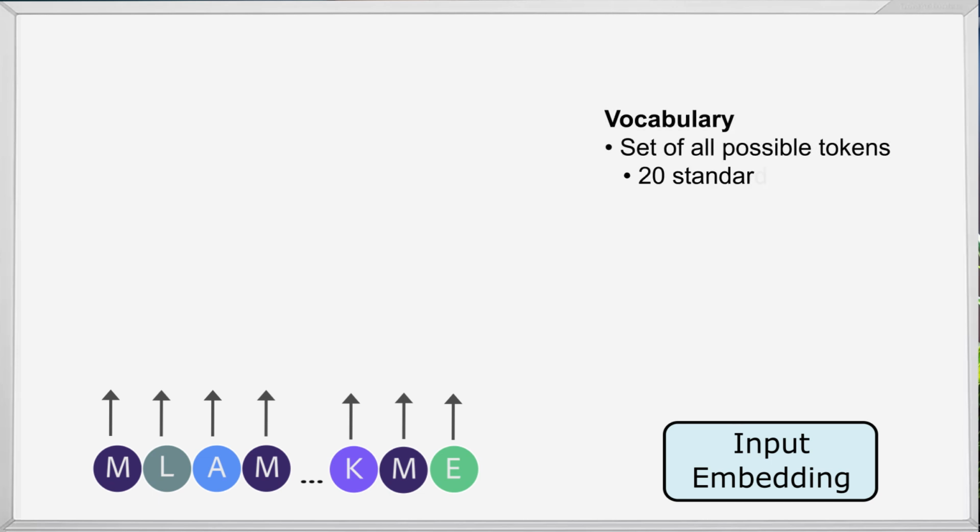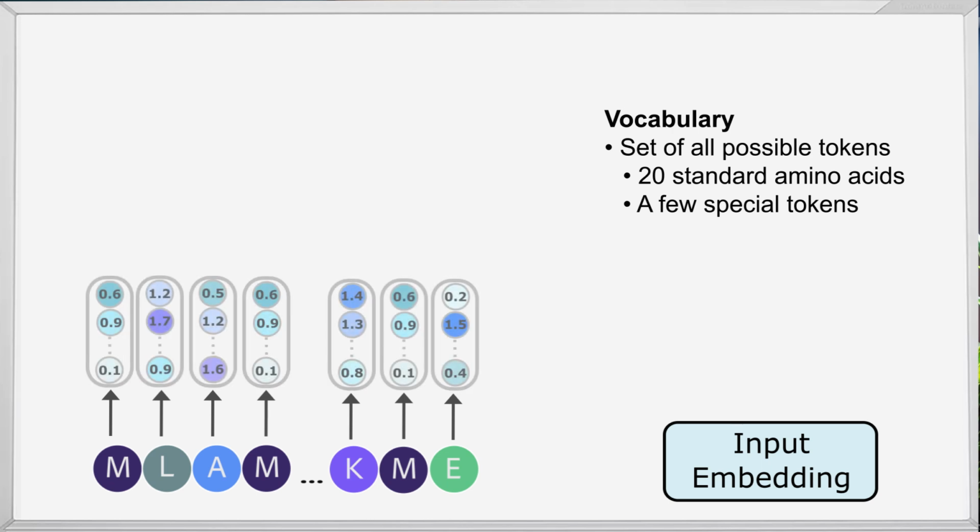We need 20 tokens for the 20 standard amino acids, plus a few tokens for special tokens like the masking or classification token. We want to represent each unique token through a different vector that encodes what type of token we have. The dimension of the input vectors is equal to the hidden dimension d of the network, which is typically in the range of a few hundred up to a few thousand.